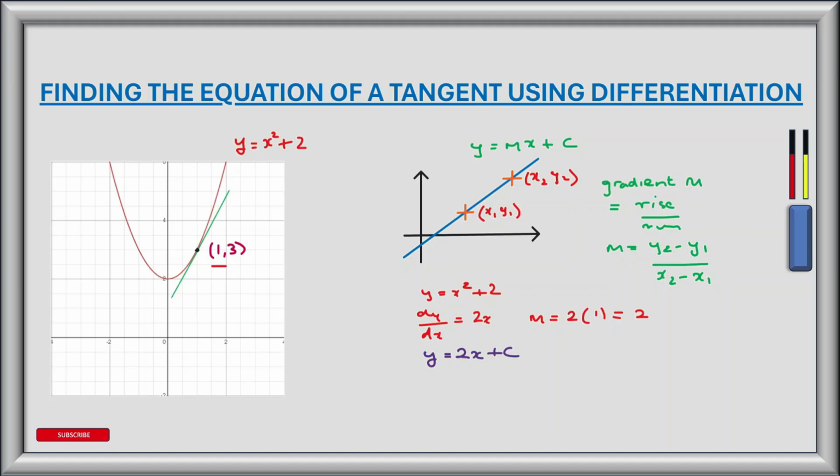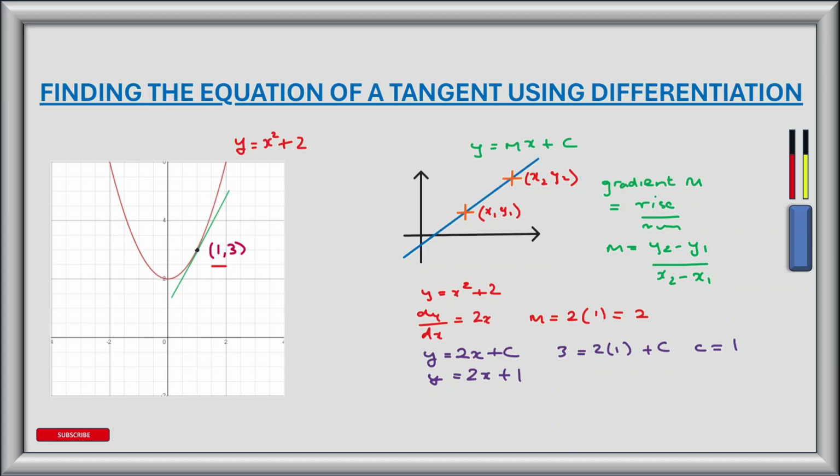So if we substitute the values of x equals 1 and y is equal to 3 into this equation, we can determine what the constant value is. So 3 equals 2 times 1 plus the constant c. So if we solve this equation, c is equal to 1. So substituting this value of c back into our equation of y is equal to 2x plus c, we have y equals 2x plus 1.